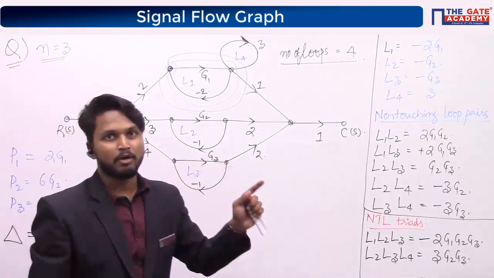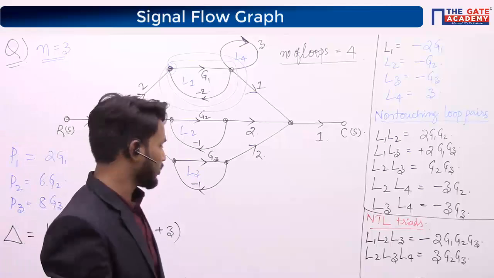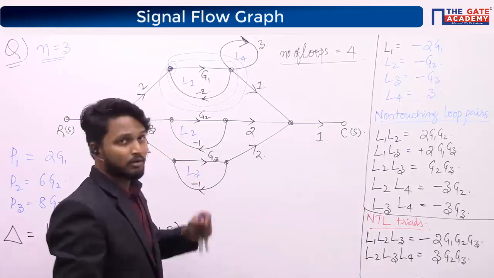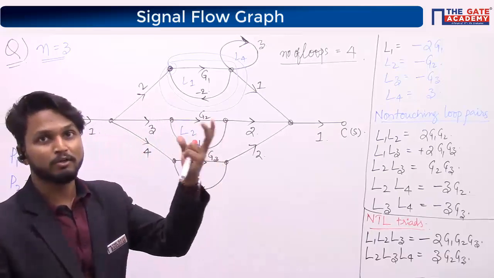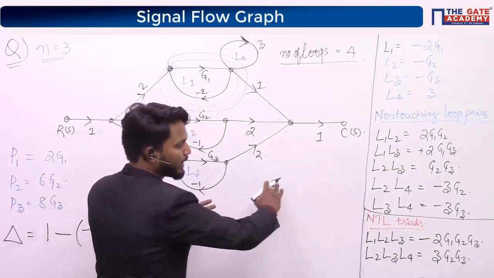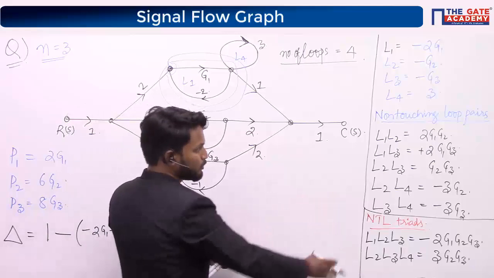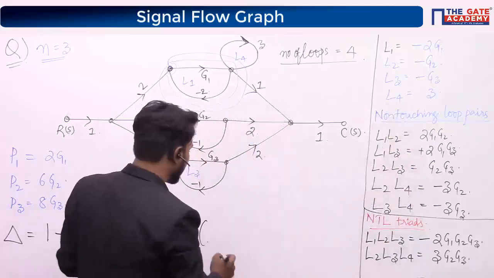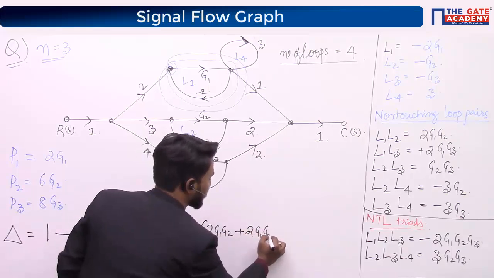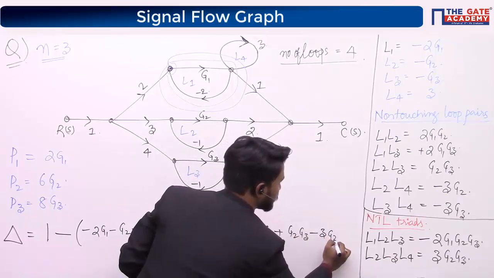Plus summation of product of non-touching loop pairs. So you will add L1 L2, L1 L3, L2 L3, L2 L4 and L3 L4. You will add all these things. Therefore, it is 2g1 g2 plus 2g1 g3 plus g2 g3 minus 3g2 minus 3g3.